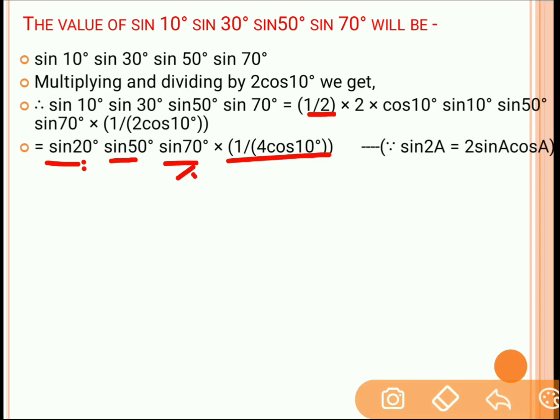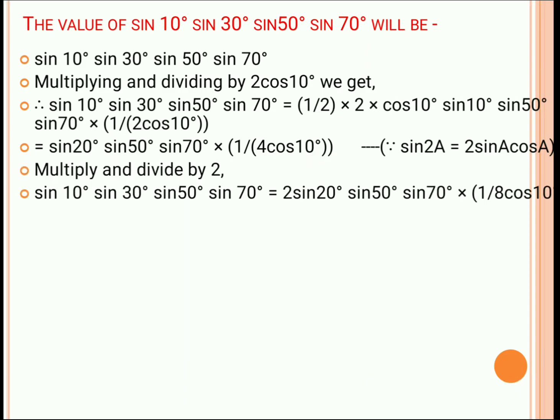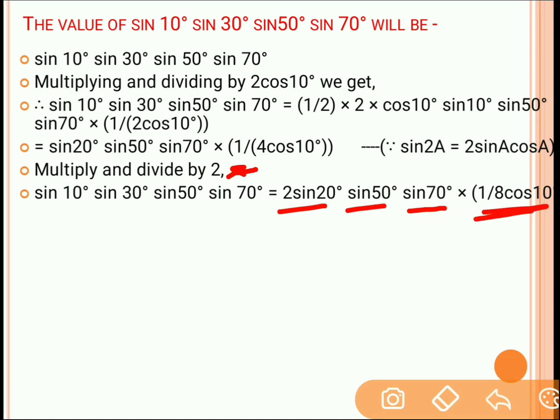So 70 can be written as 90 minus 20, and sine 90 minus 20 can be written as cos 20. Using this complementary relationship, we can also multiply and divide this expression by 2. So you will get 2 times sine 20 into sine 50 into sine 70 upon 8 cos 10 degree.